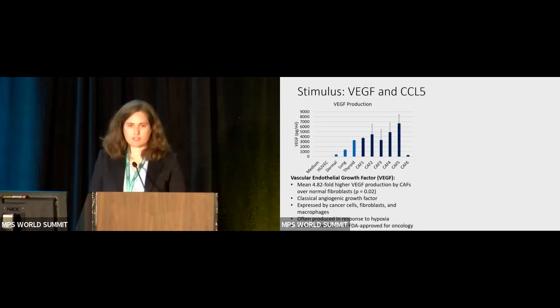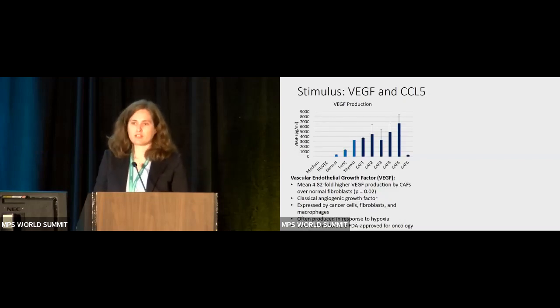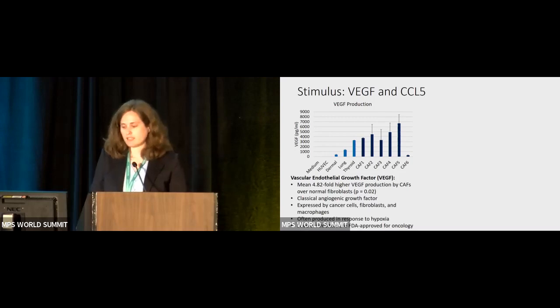It's expressed by cancer cells, fibroblasts, macrophages, a lot of the stroma. It's really well-known factor in the tumor microenvironment to play a role in angiogenesis, typically in response to the hypoxia that occurs in the tumor microenvironment and the HIF-1 alpha signaling.